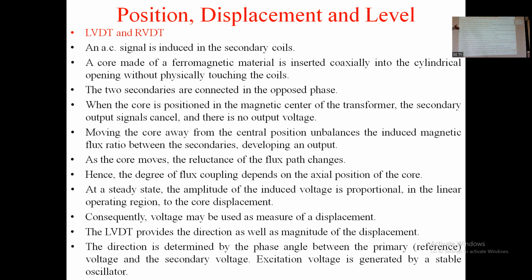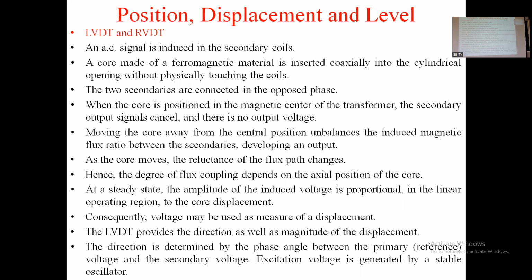See here it is given, when the core is positioned in the magnetic center, जर core magnetic center ला असेल of the transformer, the secondary output signal cancel and there is no output voltage. बरोबर. जर सेंटरला असेल, लिंक होणारे जे काय फ्लक्स आहेत दोन्ही मध्ये सेम असतील, because these two are having the same number of turns, लिंक होणारे फ्लक्स पण सेम आहेत.